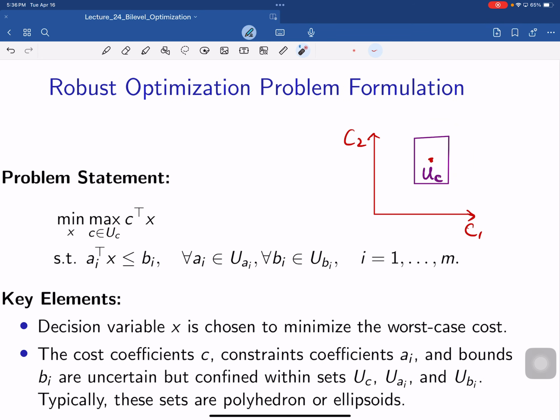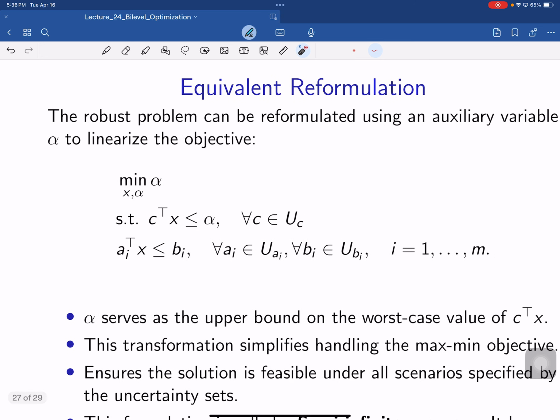The c can take any points within this set, right? So in other words, there will be an infinite number of constraints in this problem, but the number of variables are finite, right? Only x and alpha, which are finite dimension variables, okay?